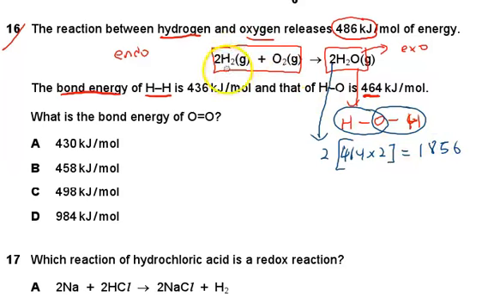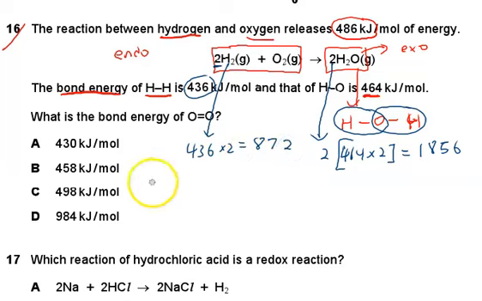However, over here hydrogen we have 2, and here we have 436 multiply with 2, and we will be getting 872.